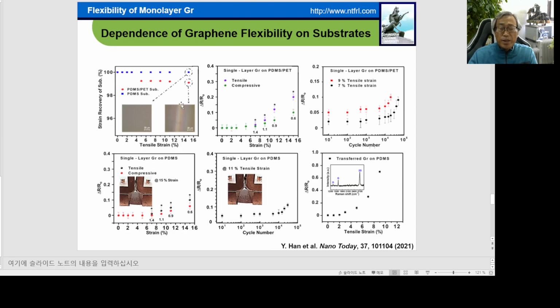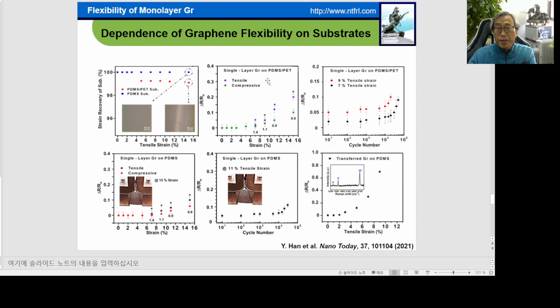Next, we check the PDMS PAT substrate and the PDMS substrate. For the PDMS PAT substrate, only 5% is recovered, but above 5% it is not fully recovered. But in the PDMS substrate case, all of the tensile strain is completely recovered. So this is very important for the influence of different substrates on graphene flexibility.